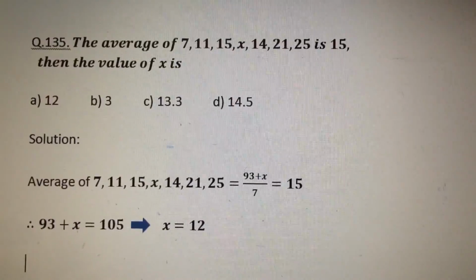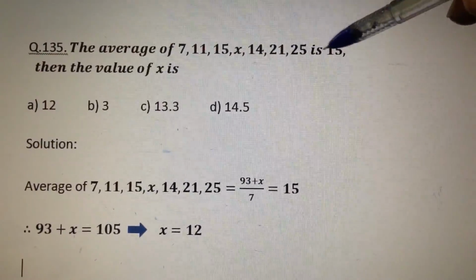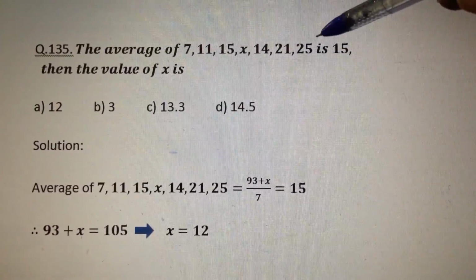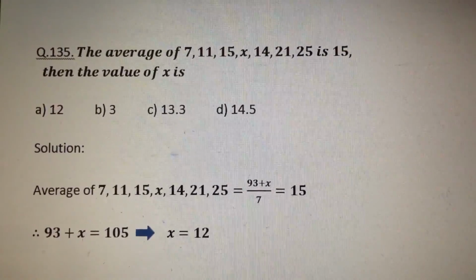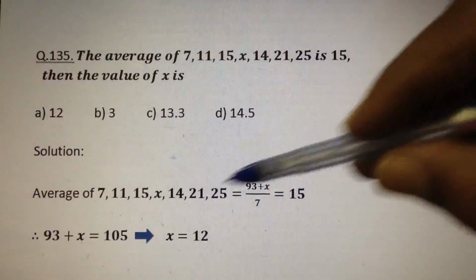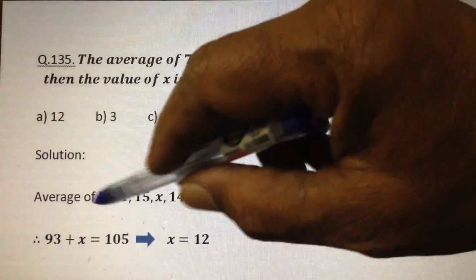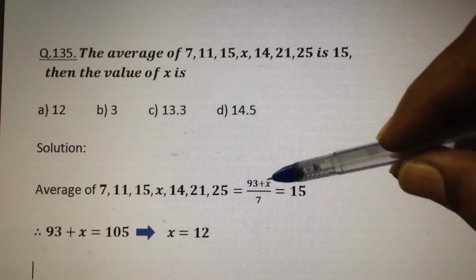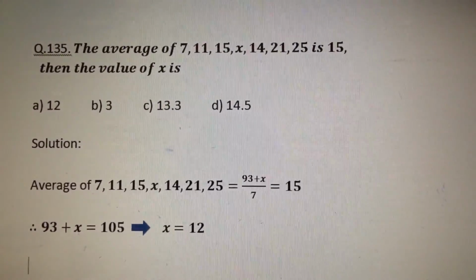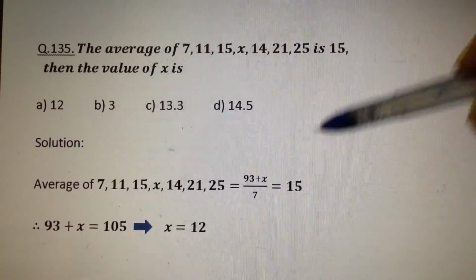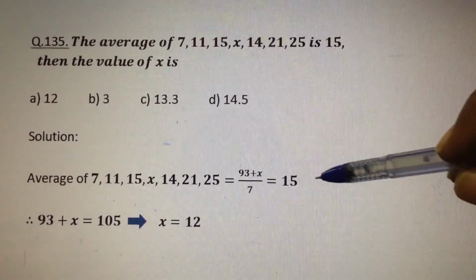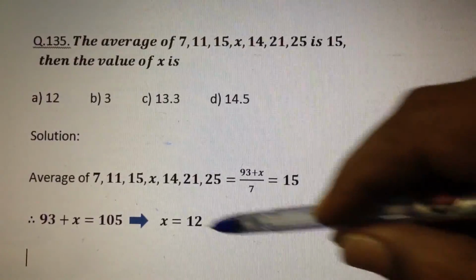The total of the 7 numbers is equal to 7 plus 11 plus 15 plus x plus 14 plus 21 plus 25. And the average of these numbers is equal to the sum of these numbers by 7, which is equal to 93 plus x by 7. So the average is given as 15. Therefore 93 plus x by 7 is equal to 15 and x is equal to 12.